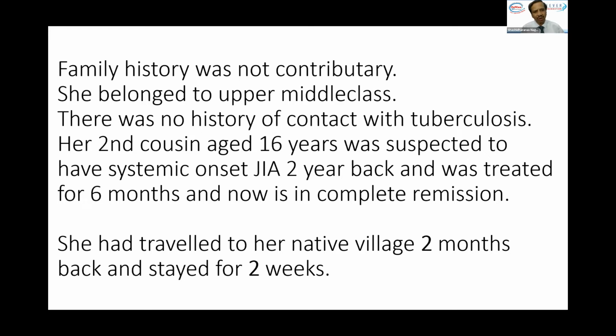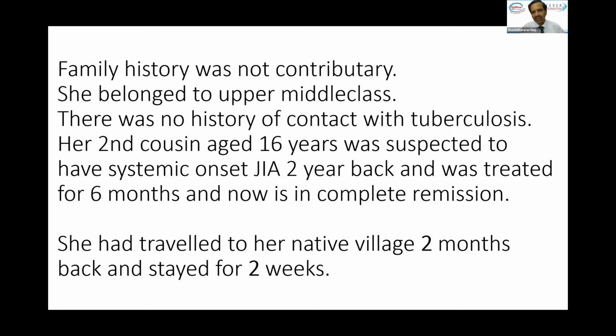There was a history of contact with tuberculosis. Her second cousin, age 16 years, was suspected to have systemic onset JIA 2 years ago and is now okay. Now, none of these seem very specific to me, and this red herring of her second cousin having JIA may not matter much to us.